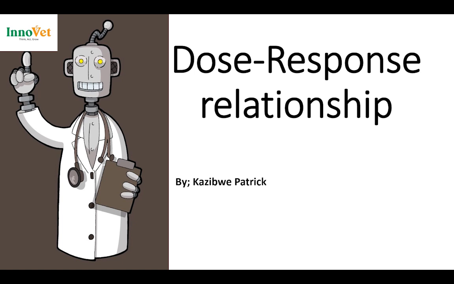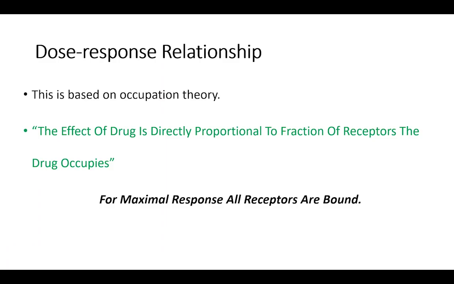Hello everyone, Kazwe Patrick once again, and today I'm going to discuss the dose-response relationship. Now let us understand what dose-response relationship is all about. Simply, it is an interaction between the dose that is administered and the response that is produced.